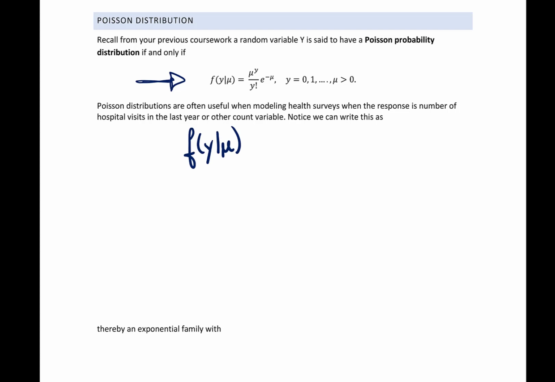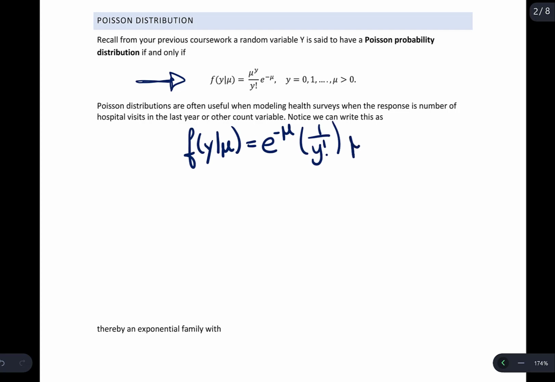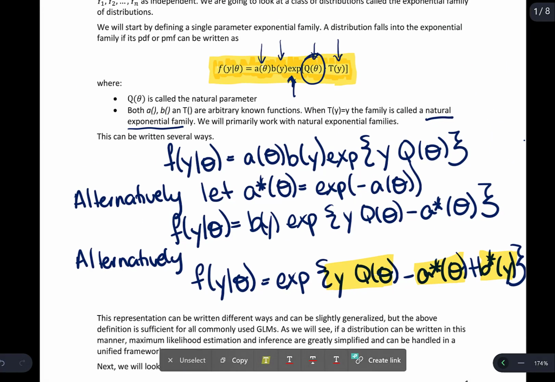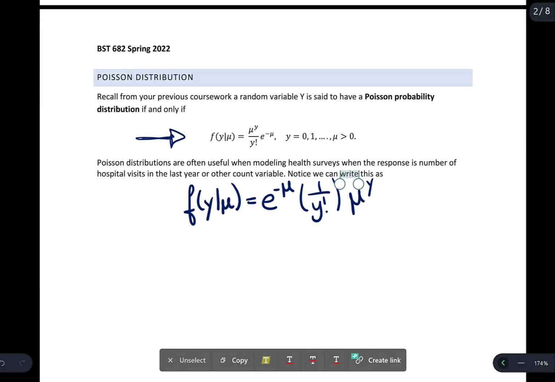What I want to do is separate all of the terms out so that they're multiplied by one another. So I'm just going to have this equal to e to the minus mu, 1 over y factorial, mu to the y. And the reason I want to do this is if I think back to the form that I'm trying to show it in, I know that there's functions that are multiplied throughout, so this might help me see things easier.